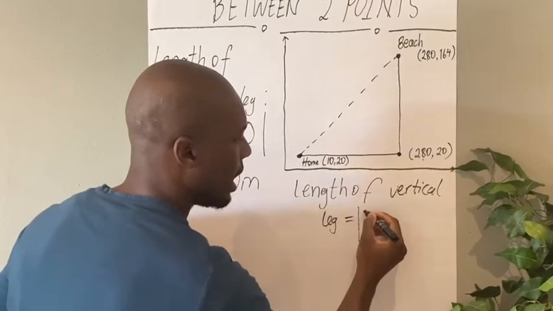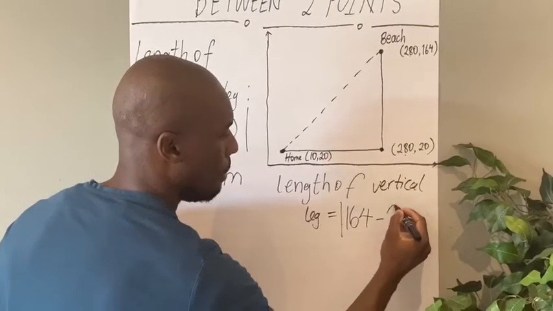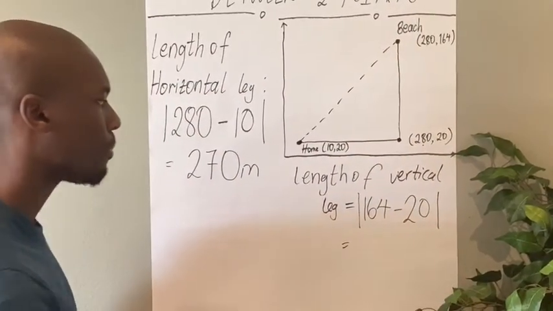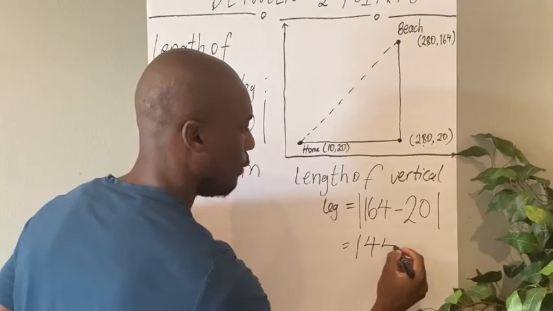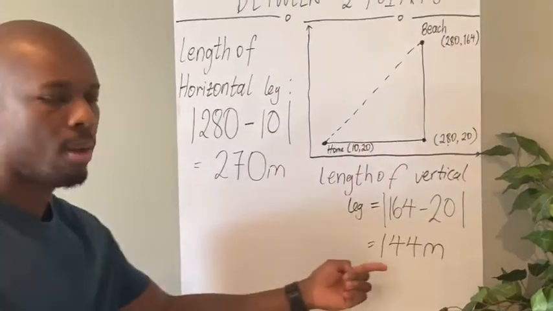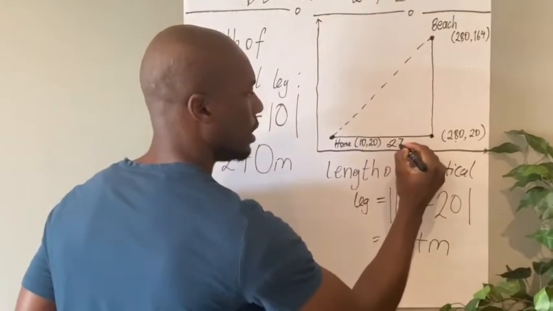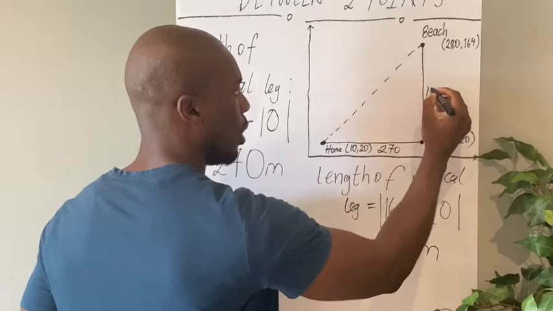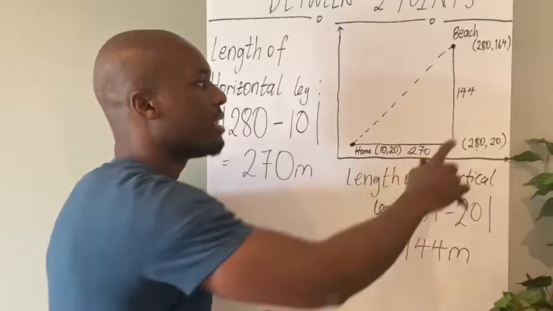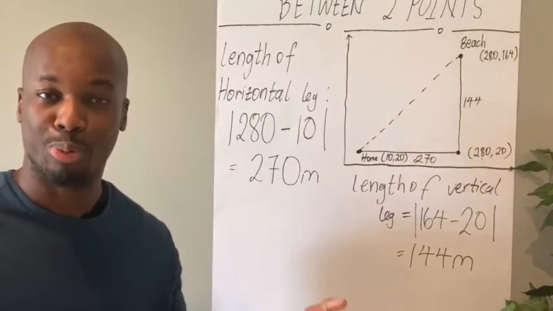And to do that, I'm finding the absolute value of 164 minus 20. And that gives me 144. And so again, since this is in meters, my length here is 144 meters. So this length here becomes 270, and that length here gives me 144. So in the next clip, I'm going to teach you how to use these lengths to find the distance from her home to the beach.